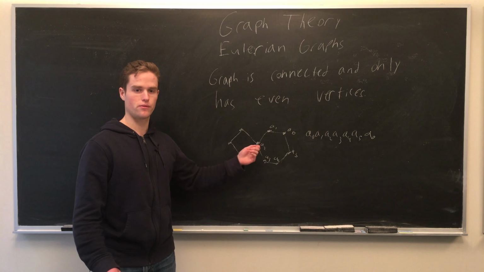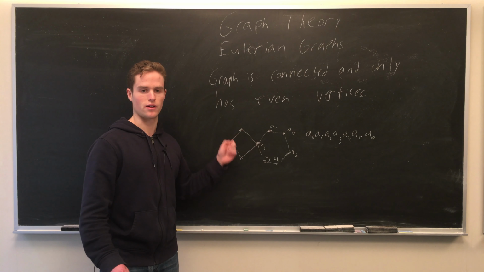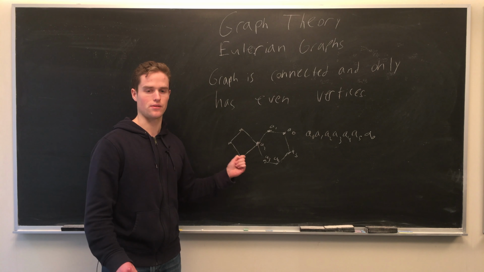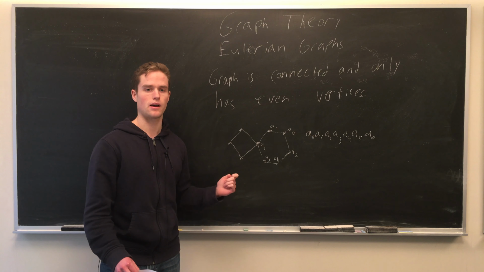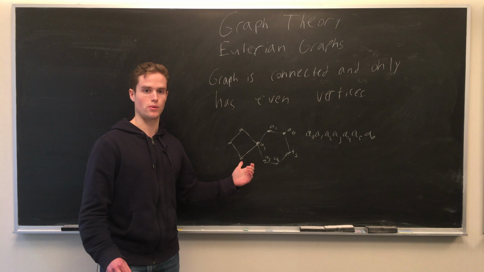And so for our vertex that still has edges, we can go through the edges connected to it. All the vertices still have an even number of edges, so we can do the same thing, and we can strictly grow our circuit.